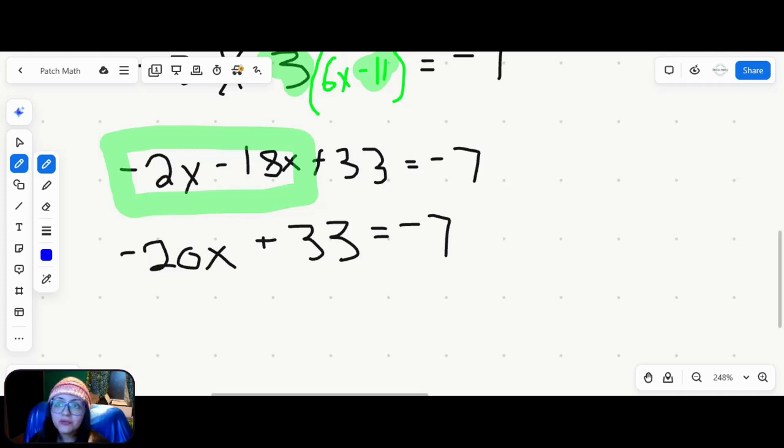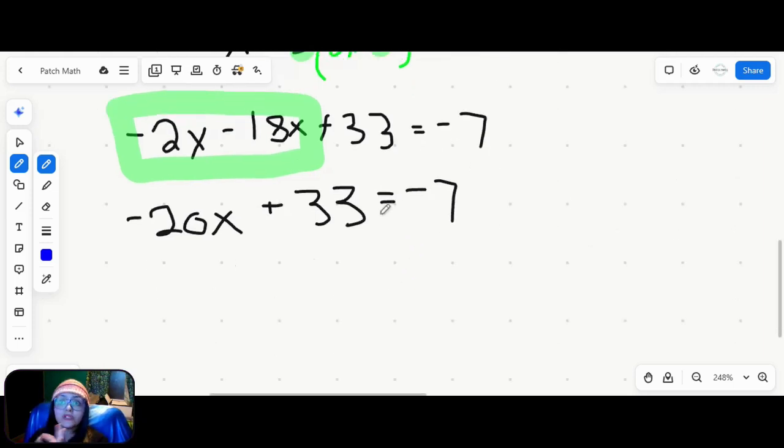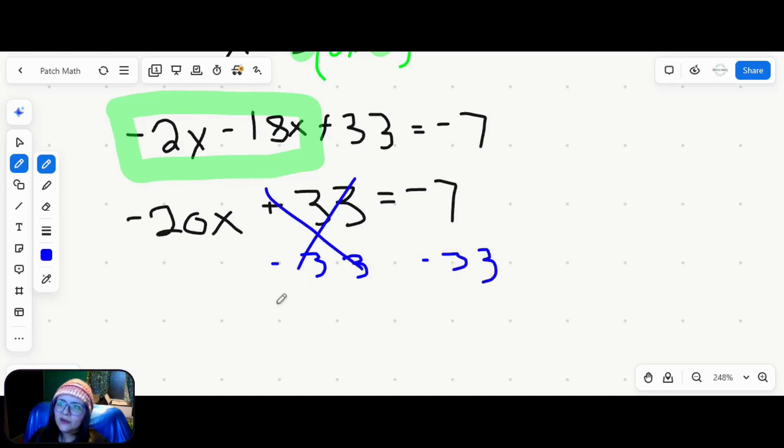Many of you all know PEMDAS or GEMDAS to be our acronym here. And so we'll be doing opposite PEMDAS or opposite GEMDAS, meaning if there's addition or subtraction, we must undo it first. In this case, we have 33 being added on, and we can subtract 33 equally on both sides of the equal sign, canceling it out.